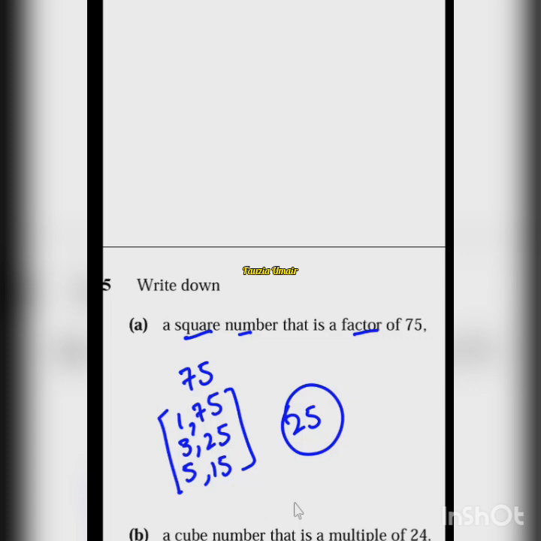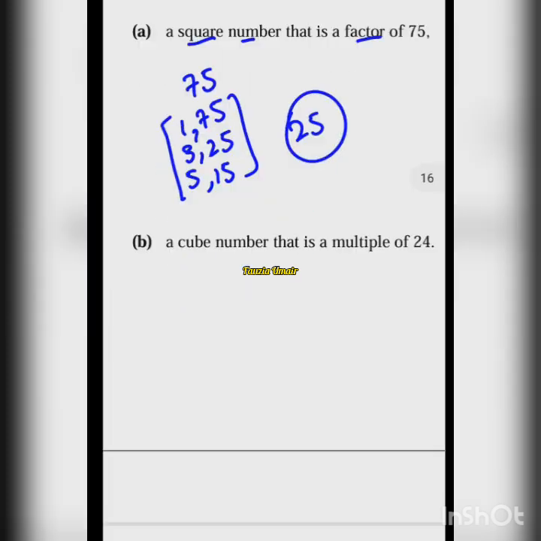So next question. These few questions are related to these kind of numbers. अब देखें, there are two concepts. A cube number, multiple of 24.